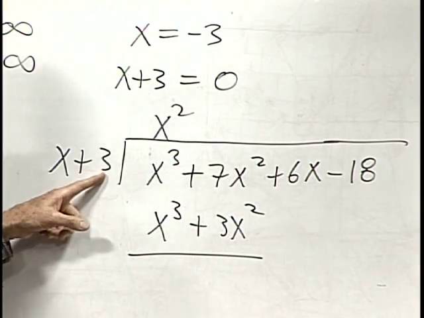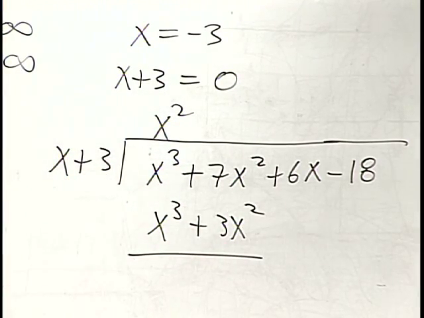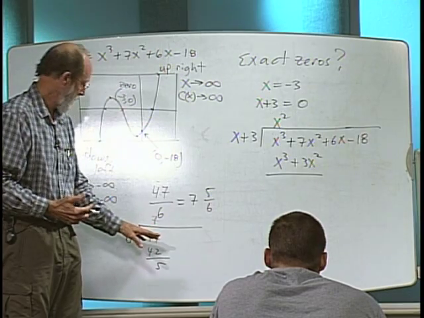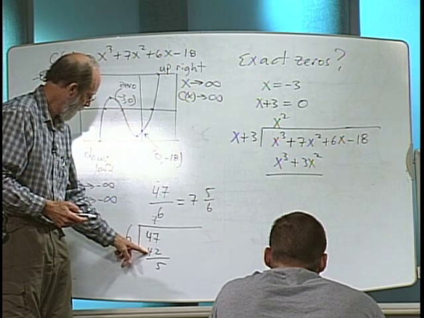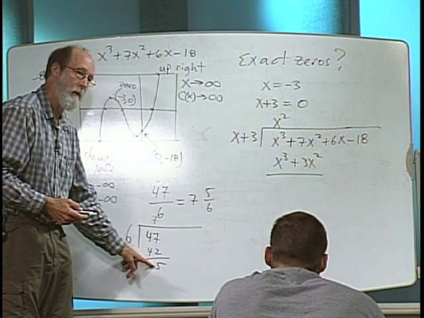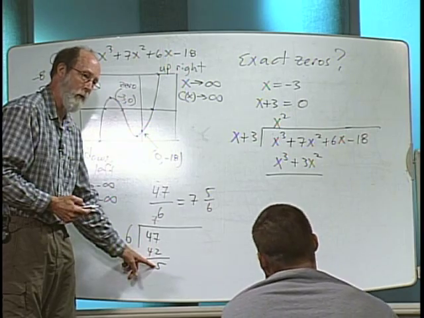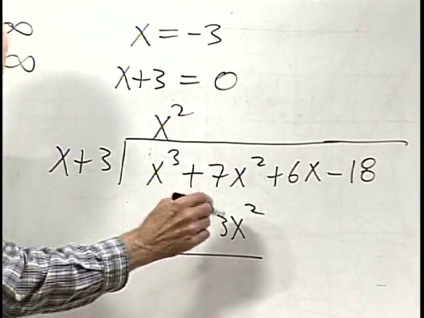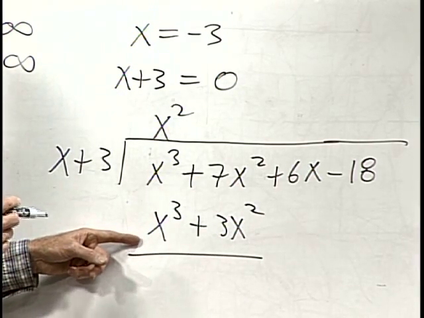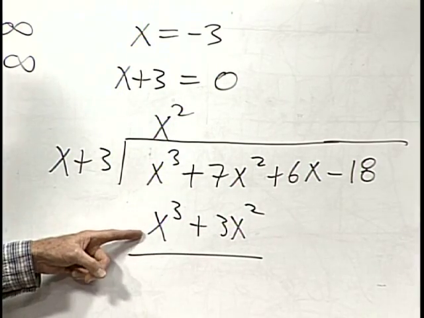Now, what did we do back here on the arithmetic problem? We mentally subtracted this from that and were left with 5. We do it similarly here. Don't go in here and start changing signs. Mentally subtract this from that.